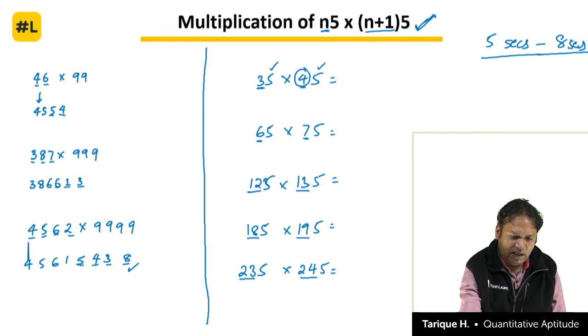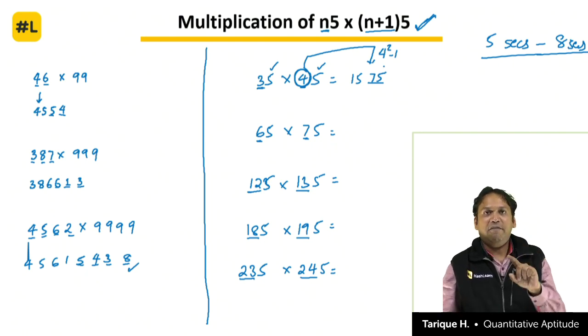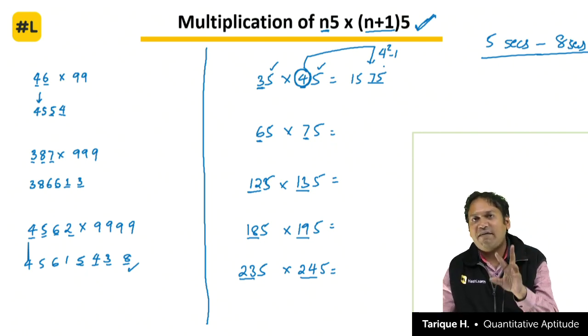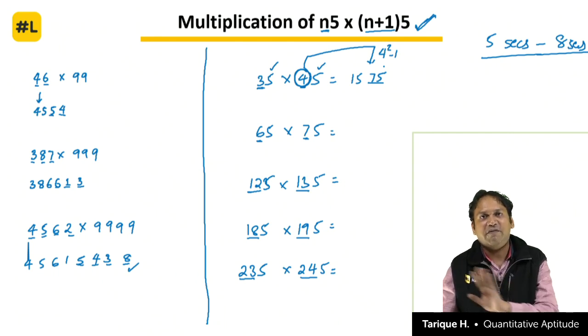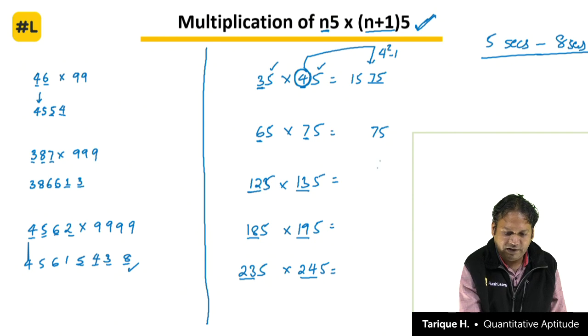So we'll take the larger number, that is 4, 4 square minus 1. Larger number square minus 1, and the last digits will always be 75. Note it down. When we are multiplying n5 into (n plus 1)5, the last two digits will be 75 fixed. That's not changing. So in all these cases they will be ending in 75.